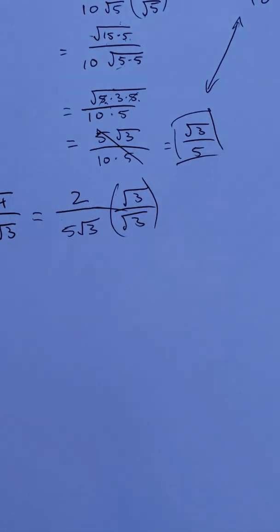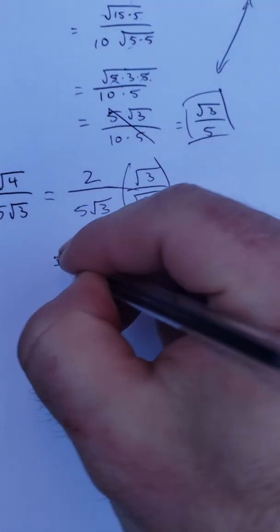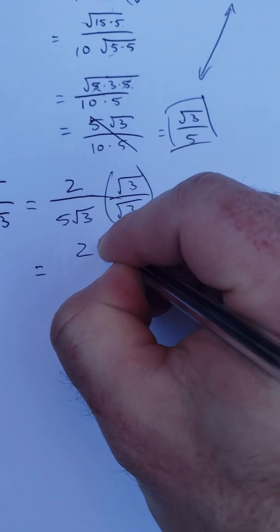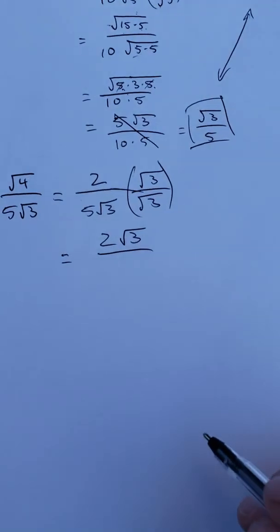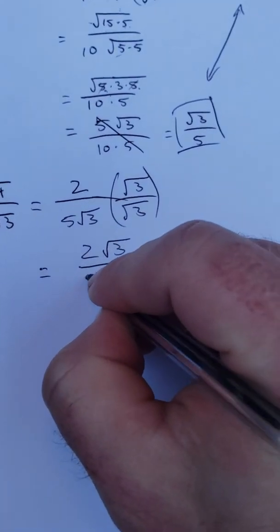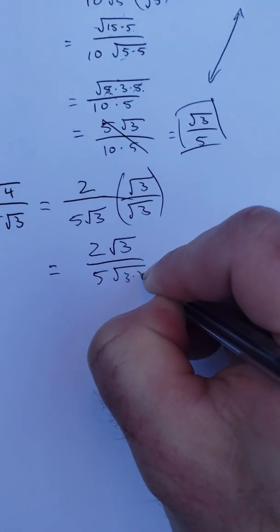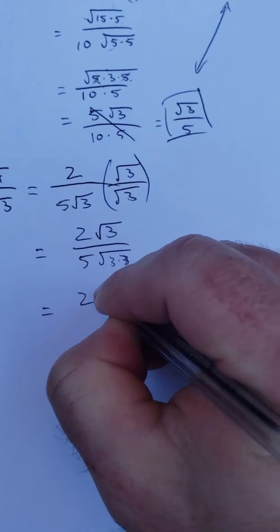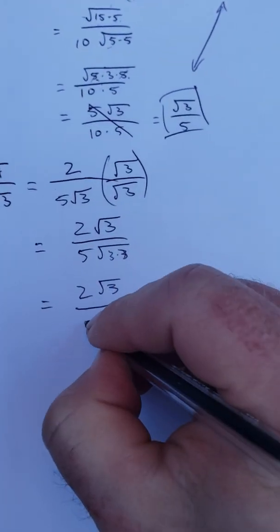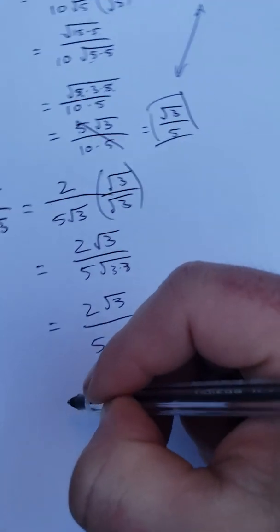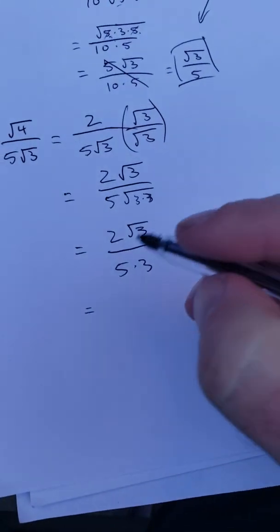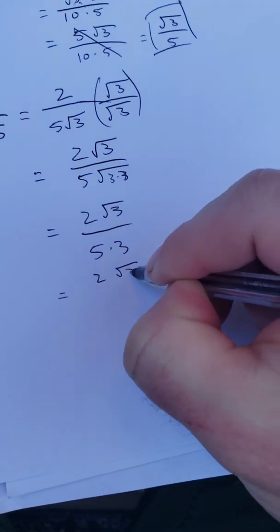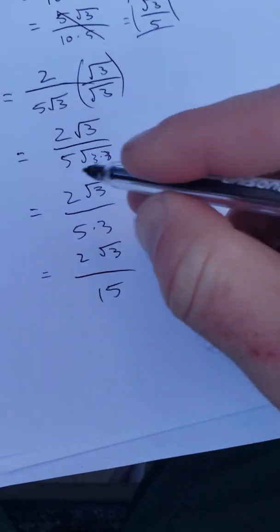On top I have 2 square root 3. On bottom I have 5 times square root 3 times square root 3. So this is 2 square root 3 over 5 times 3. And then finally, 2 square root 3 over 15.